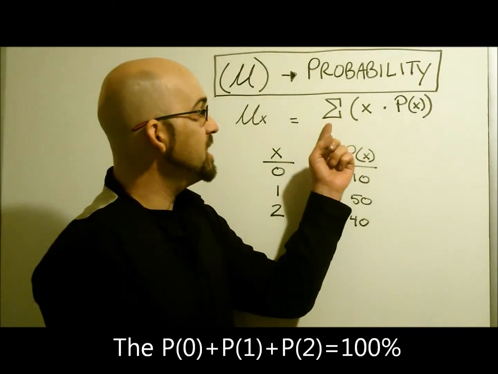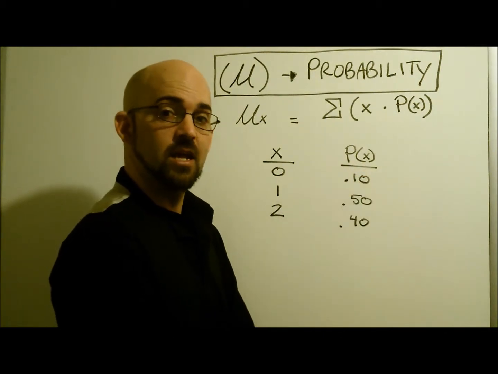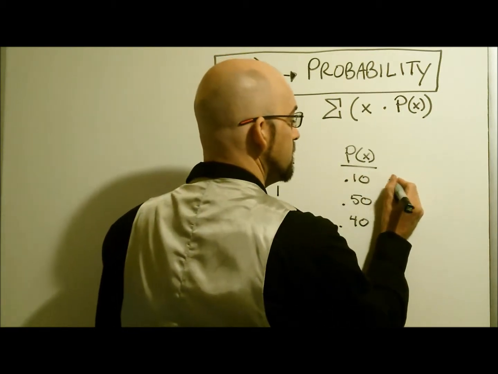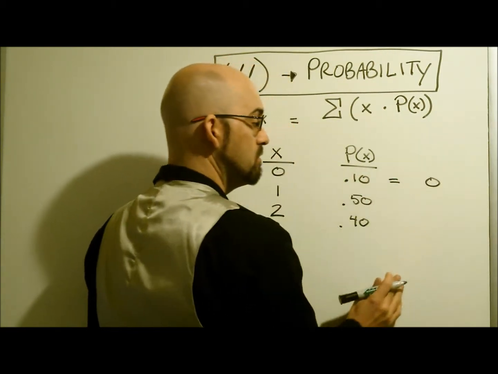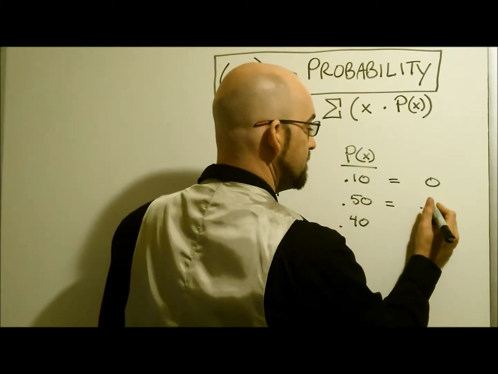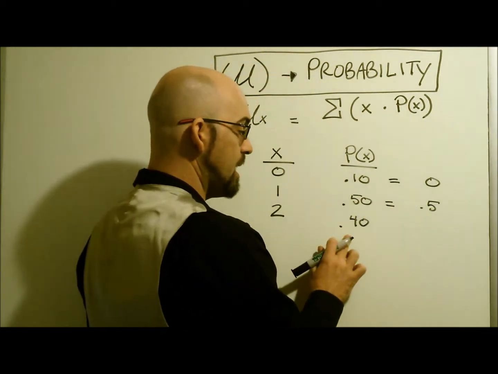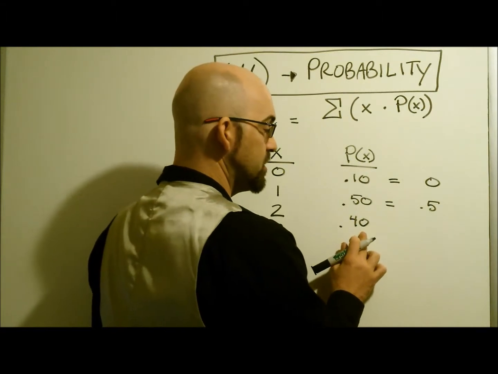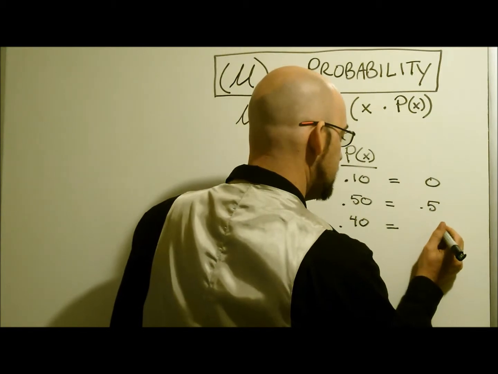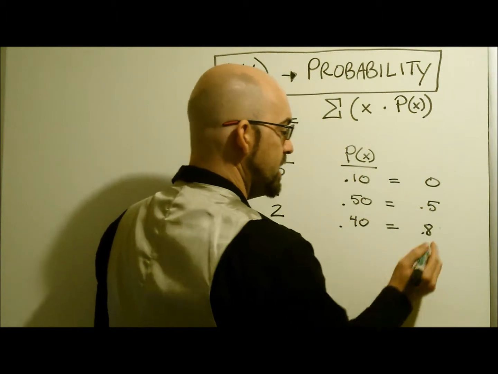Well, it's the summation of x times p of x. Let's work it out. 0 times 10% is still 0. 1 times 50% is still 50%. 2 times 40% is 0.8.